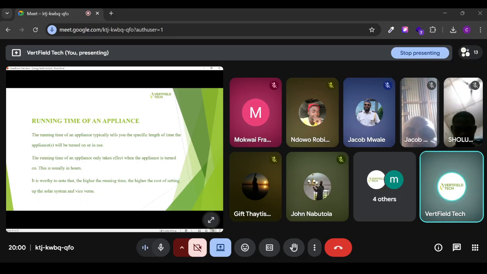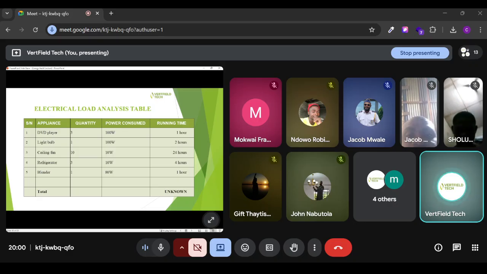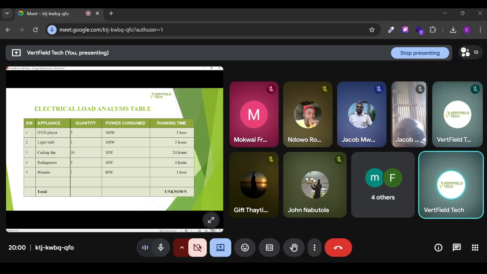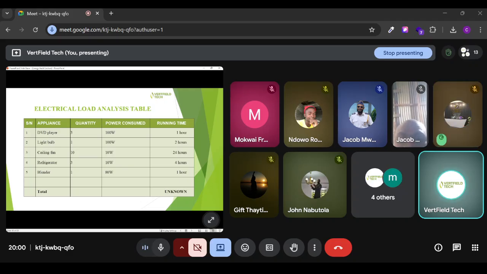So that is just it. Now we are back to this table. This is where you should get serious with the training because this is actually the very first system design you will be encountering before you go into the full system designs properly.